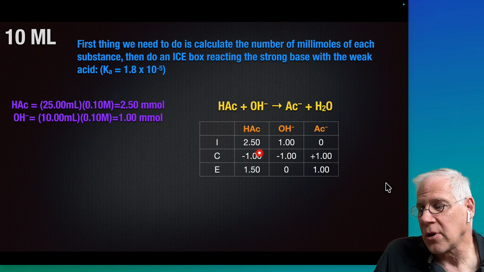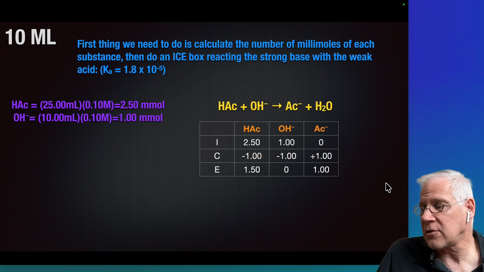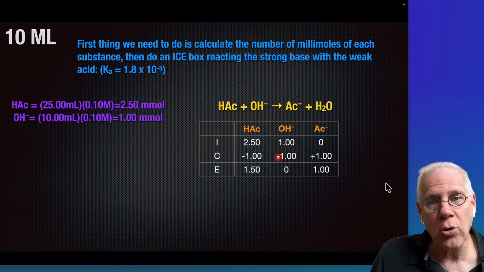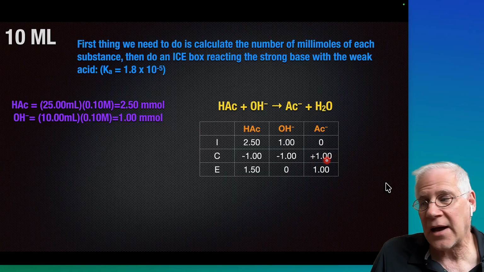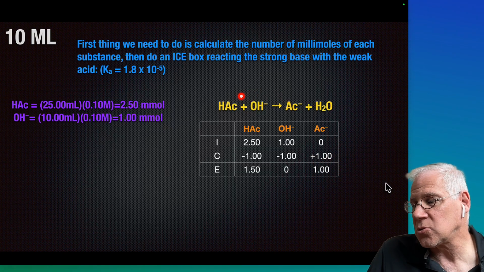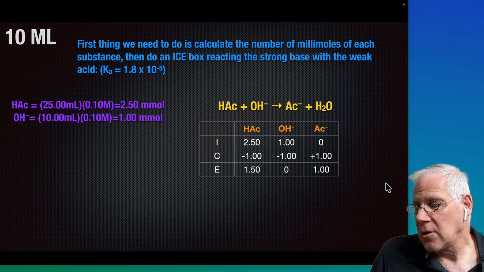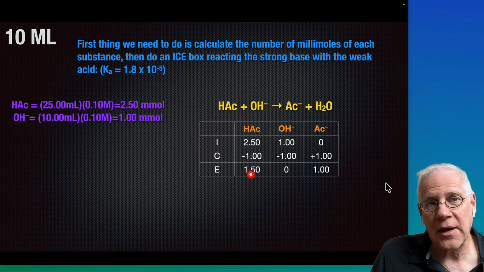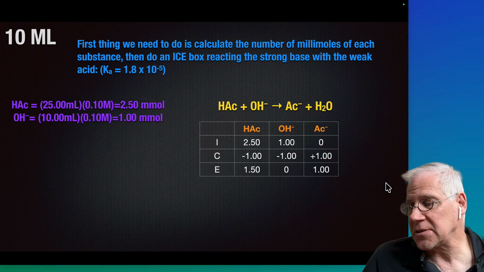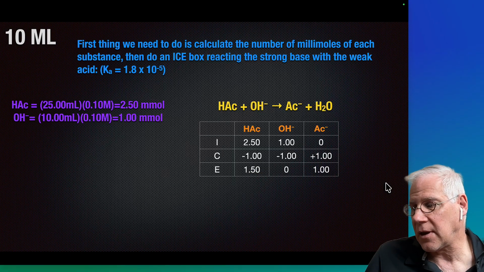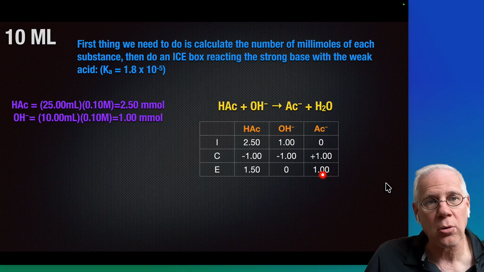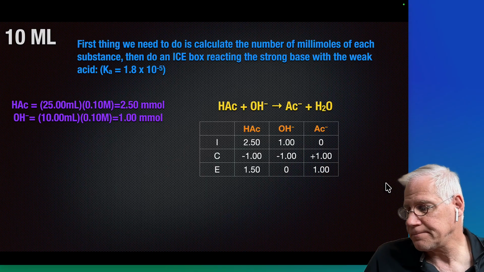So we're going to lose 1 millimole of our acetic acid. We're going to lose all 1 millimole of our base. It's going to make 1 millimole of our acetate because we have a 1-to-1 ratio here. So what we're left with after that reaction takes place is 1.5 millimoles of our acetic acid and 1 millimole of our acetate.